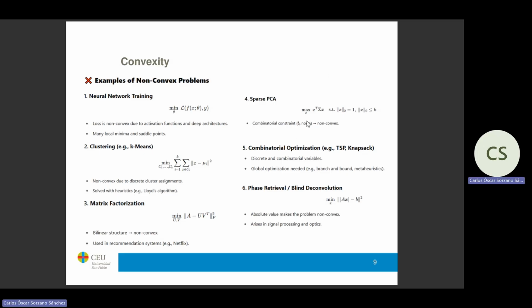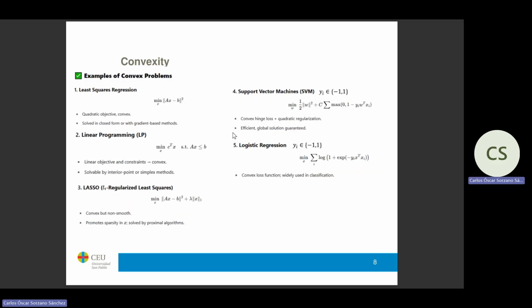Then combinatorial optimization, like the traveling salesman and the knapsack. So the variables are naturally discrete, and the problem is combinatorial. And phase retrieval and blind deconvolution, the formulation is this one, and looks very much like least squares, but there is a difference.